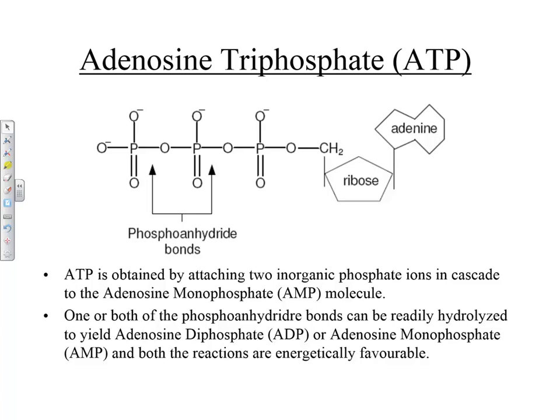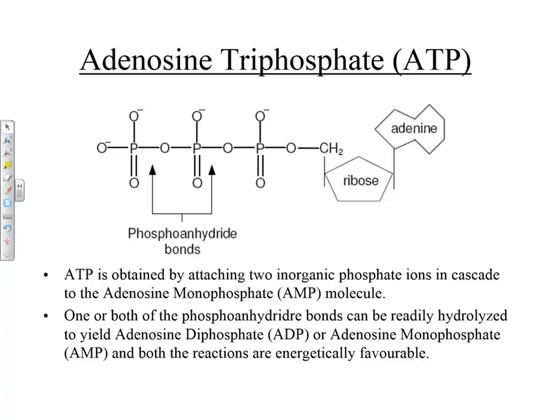And this is energetically favorable because generating order is the thing that doesn't work spontaneously. But if you want to break this up, you can easily get your energy. So one or both of the phosphoanhydride bonds can be readily hydrolyzed to yield adenosine diphosphate, that means the one with 2 phosphates here, or adenosine monophosphate, and both the reactions are energetically favorable.